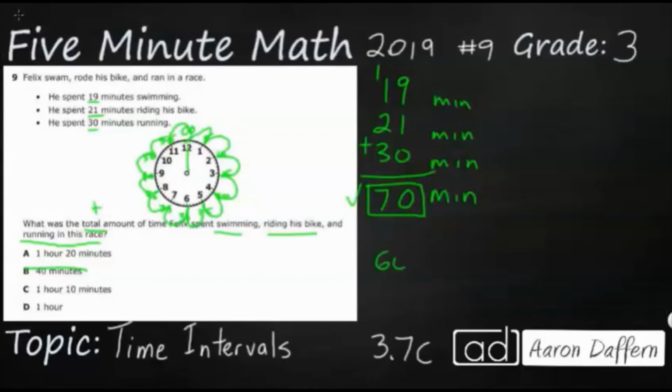It says the o'clock, but I also remember that 60 minutes, that's the same as 1 hour. So if I do 60 minutes, my minute hand, remember there is no hour hand here, I'm just looking at my minutes. My minute hand goes all the way around. So I can say 60 minutes is at the 12 o'clock, just like the o'clock.